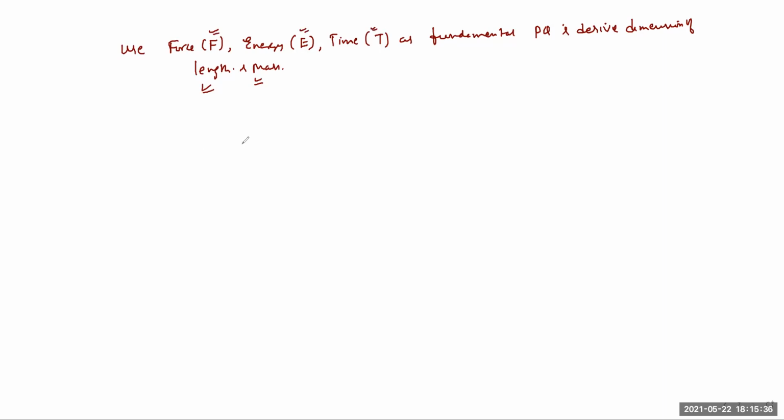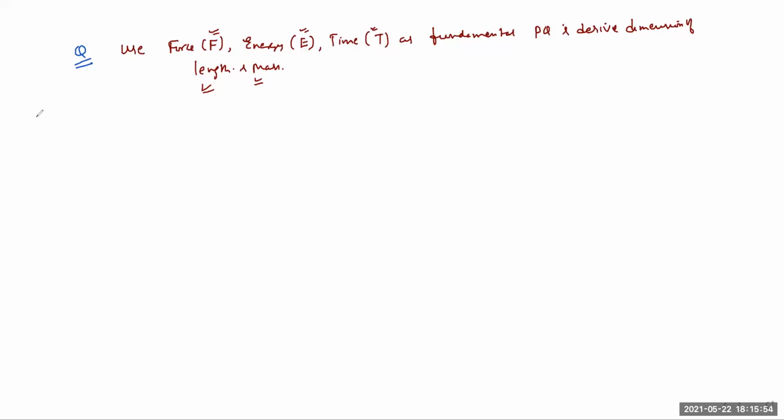Can you try this? This is of course challenging. You have to think about it and do it. Sir, is it compulsory to use all of them?